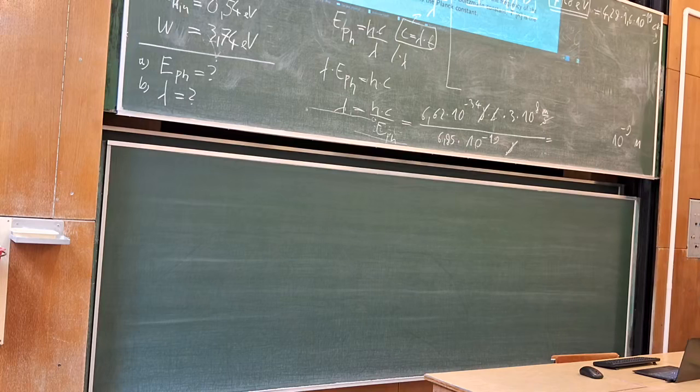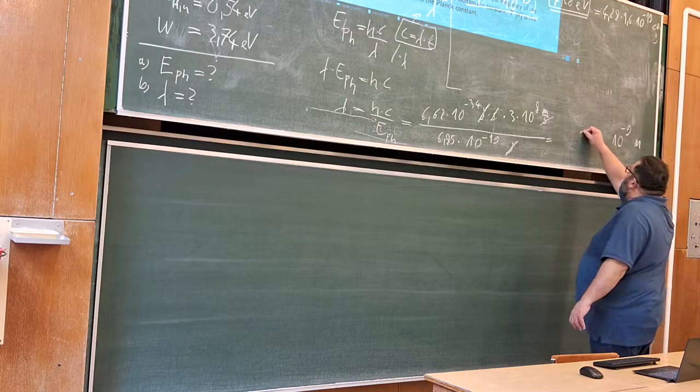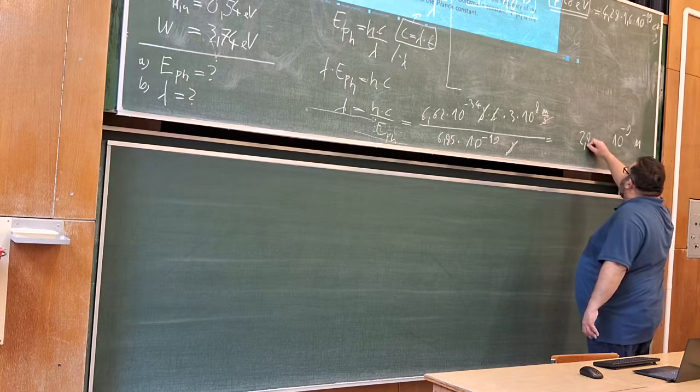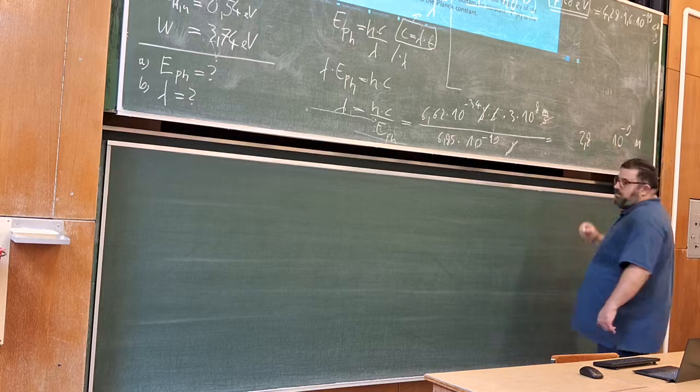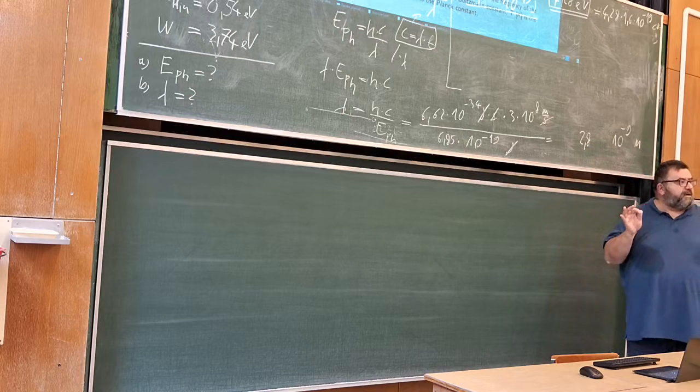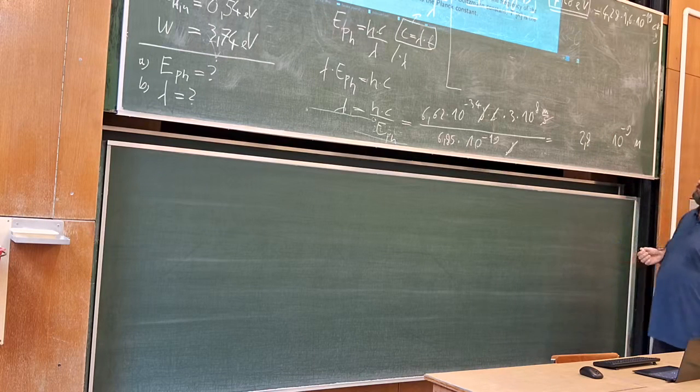So 6.62 times 3 divided by 6.85. It's 2.8 to the power of minus 7.